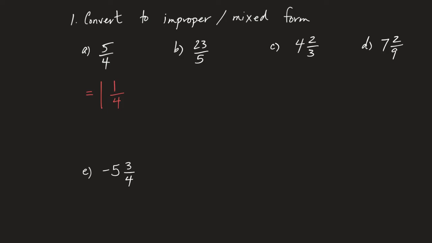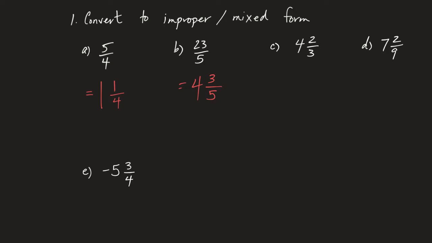Well then, how many 5s can I take out of 23? I got 4 of them in there. Why? Because 4 times 5 was 20. That leaves me with 3 more to get up to 23, and my size bits were fifths. So 4 3/5.